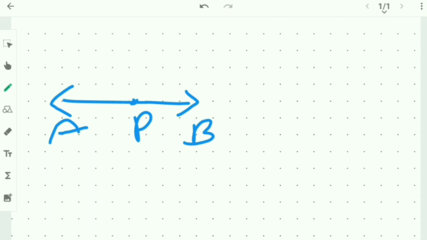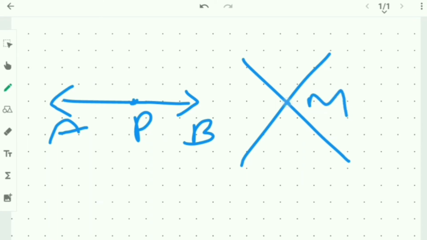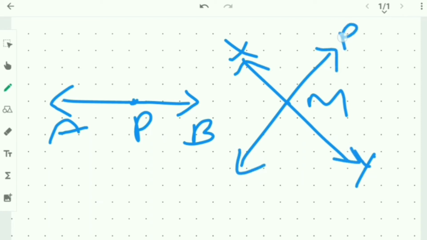The next one is XY and PQ intersect at M. You have XY, PQ, and one intersecting point that is named M. This will be XY, this is PQ. They intersect at the point M. This is the rough figure.